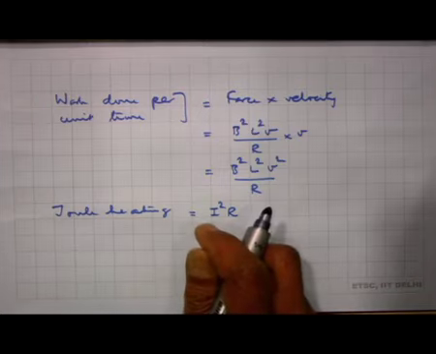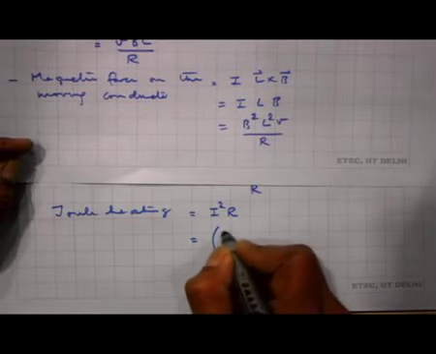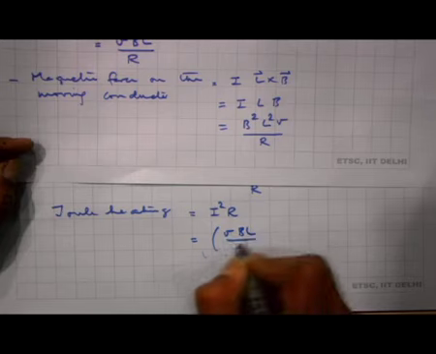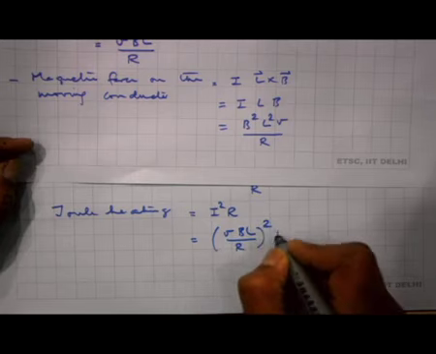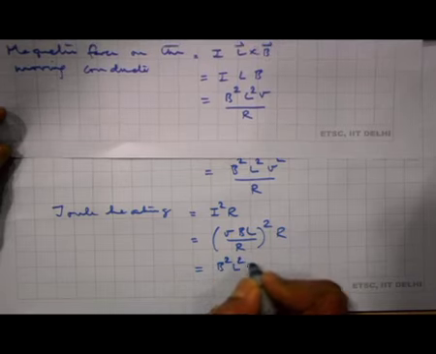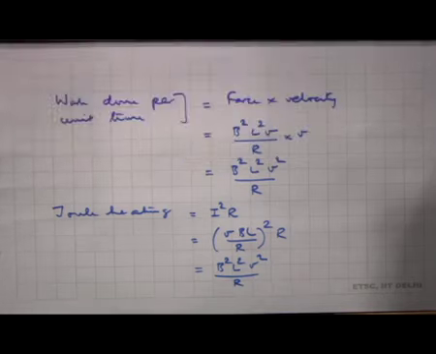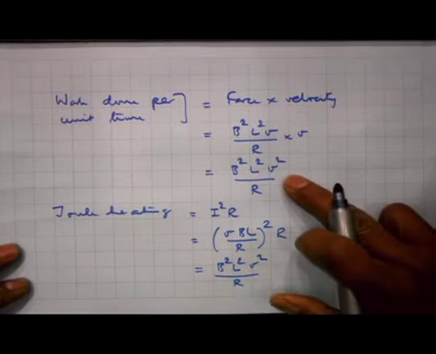We have calculated the value of the current, v B L by R. So, I get (v B L by R) whole squared into R, which is nothing but B squared L squared v squared by R, exactly the same as the work that I have to do to pull the wire.